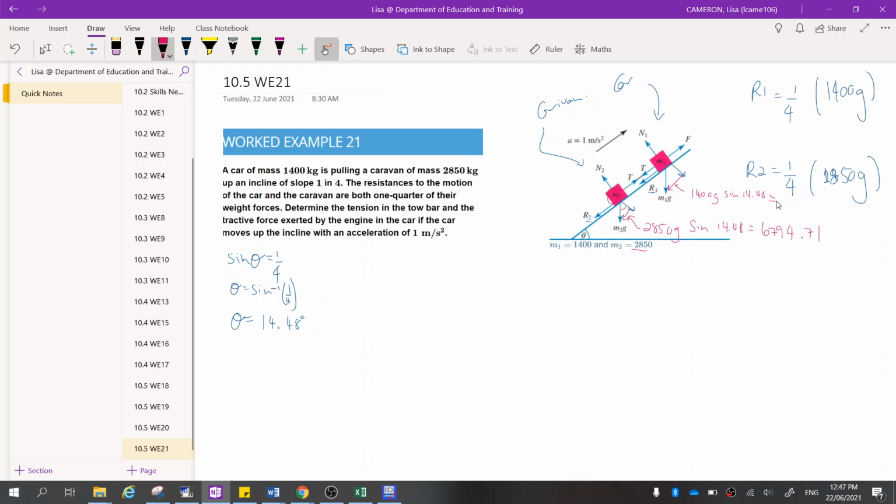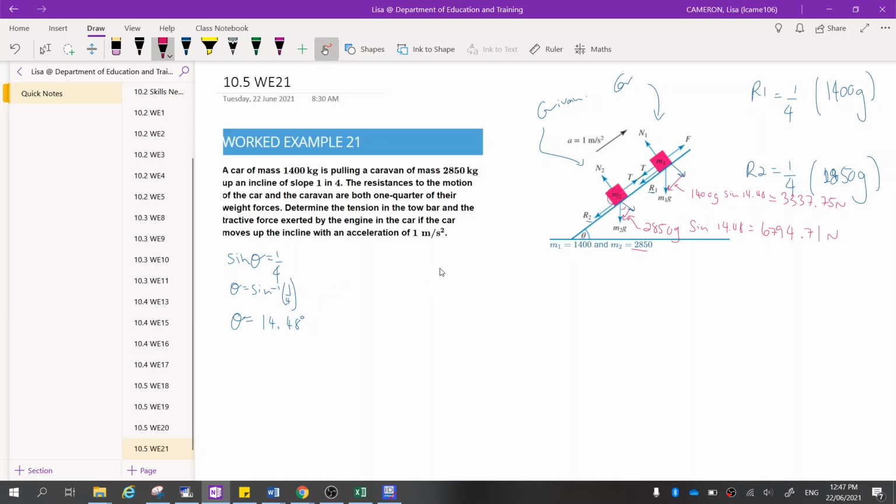This one up here is going to be equal to 3,337.75 newtons of force. Now, the reason why I'm resolving them is because I don't really care about what's happening up and down. If the acceleration's going that way, then I care about what's going that way.